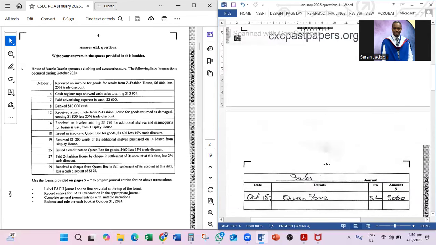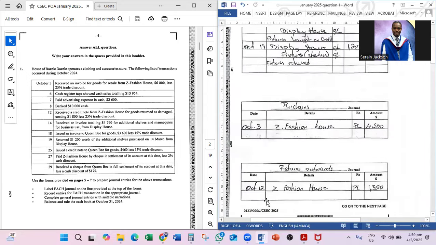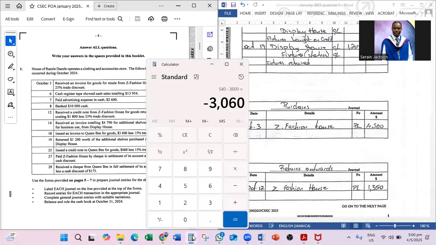So if you look back on your purchases journal and your returns outwards journal, or you can call it the purchases returns journal, you will see that you owe Z Fashion House 4,500, but you sent back 1,350. So how much do you actually owe them? It is going to be 4,500 minus the 1,350. You actually owe them 3,150.